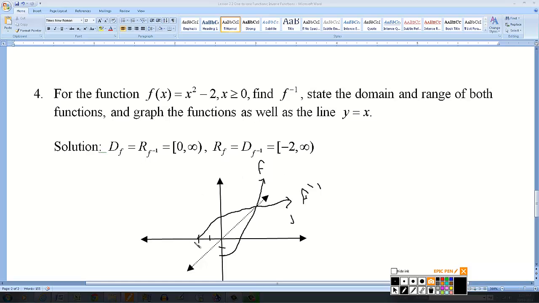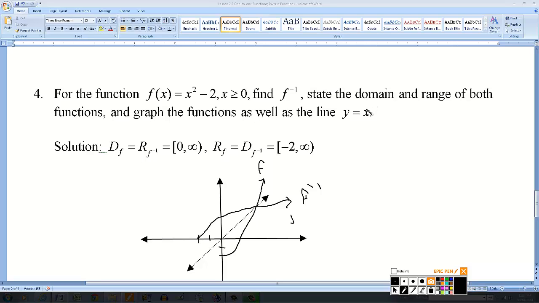This one again goes up like this. The domain starts at -2 for the inverse, it continues to the right, and the range starts at 0 and then goes up like this. And there you have it. These are the graphs and the respective domains and ranges for both of those.